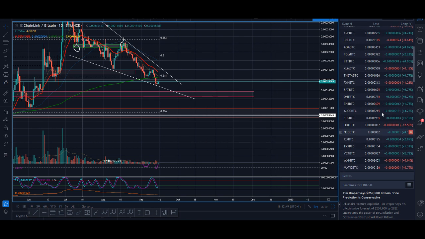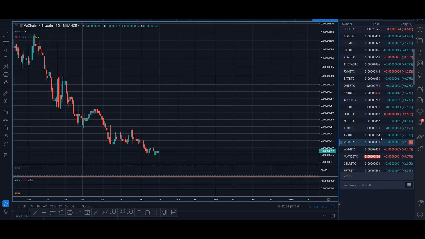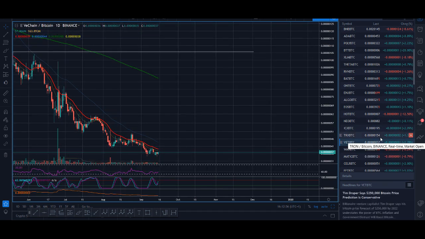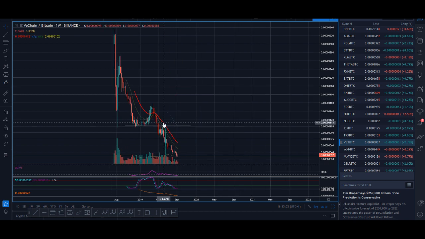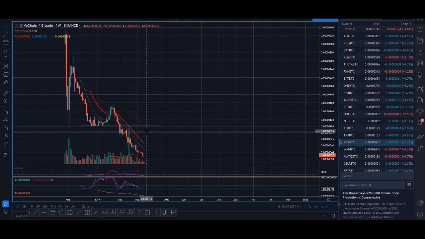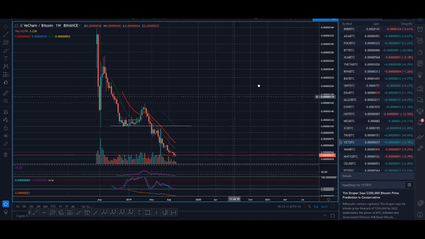VET is on my list as well. It's a coin that I used to like, especially what they're trying to do with supply chains, and I found it quite interesting how it can improve that. So I was really interested in this coin, but once it started breaking below this level, and then it couldn't get above, it's in such a downtrend. It's not a coin that you'd be looking to trade really.